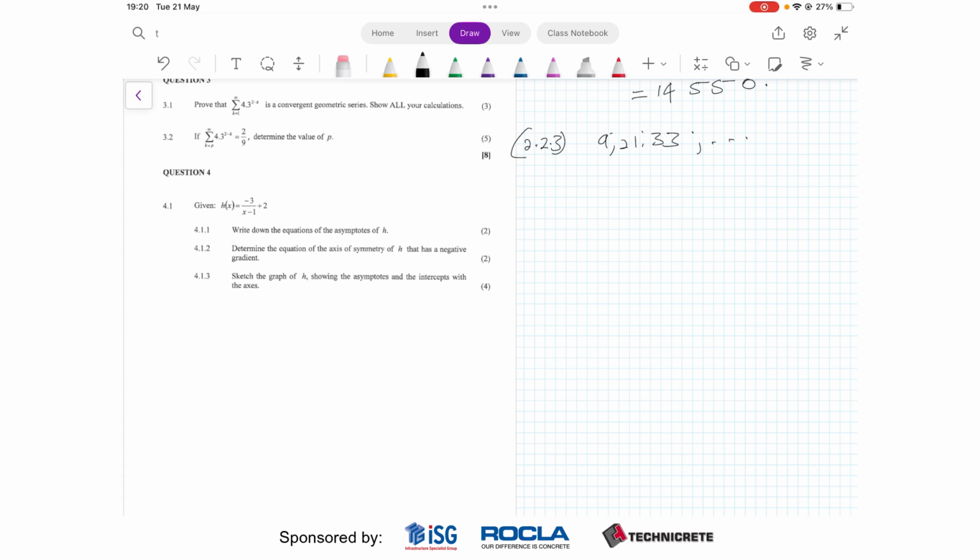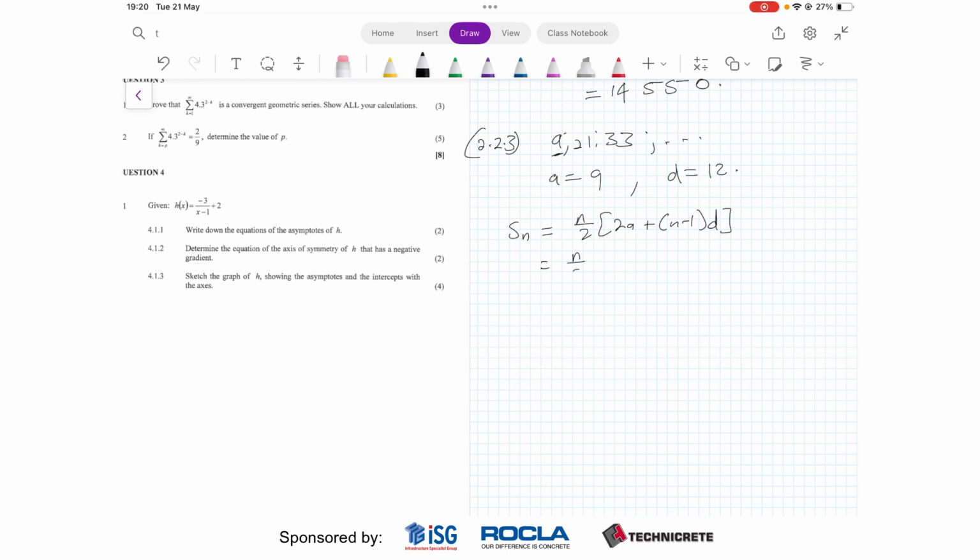Now, we know that the first term in the sequence a is equal to 9, right? And we know that the difference between all of these terms d is equal to 12. Okay, so our formula for finding the sum of the sequence of first differences is Sn is equal to n over 2 into 2a plus n minus 1 multiplied by the difference.